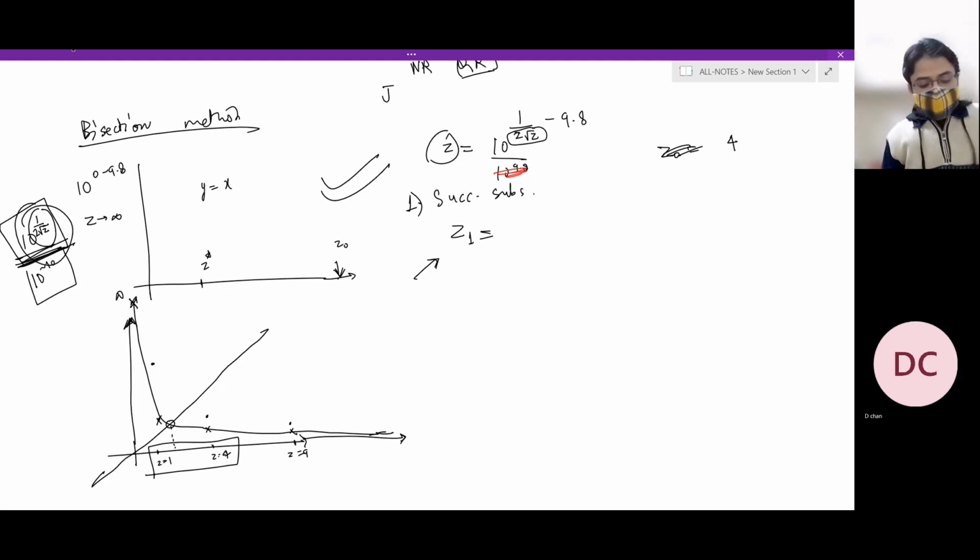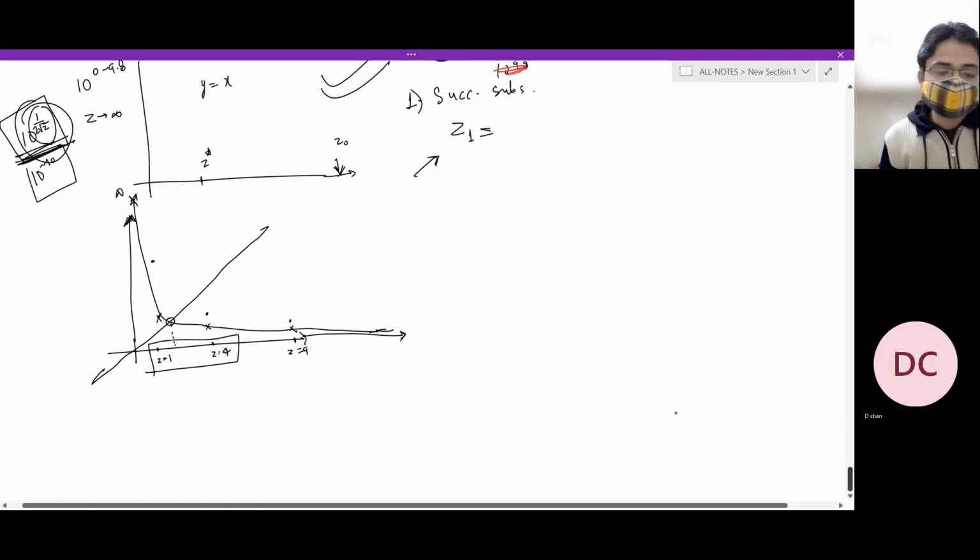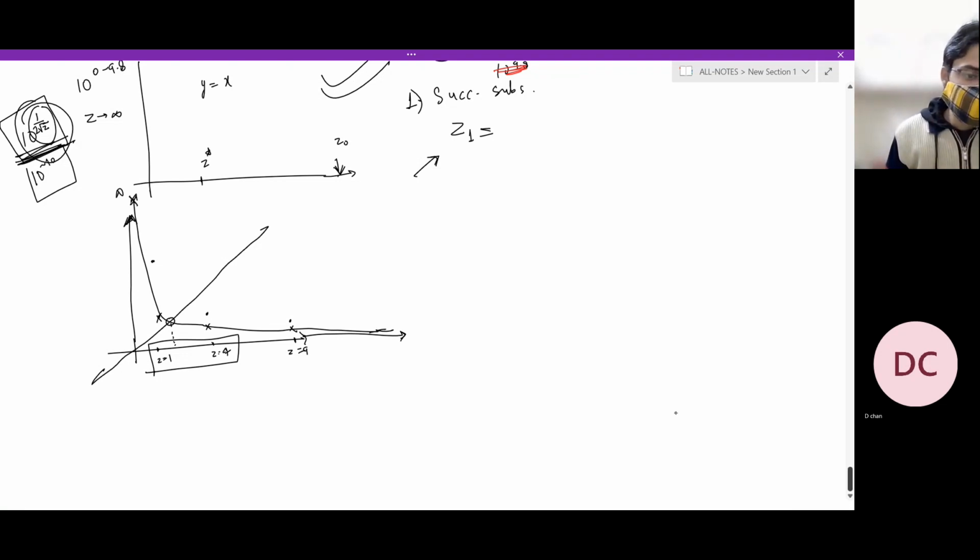Now, if you want an even better initial guess, suppose we are really comprehensive scientists and we don't want any error or wastage, then what you could do is gauge out the relative values of these two graphs, y equals x and y equals 10 to the power 1 over root z, at two points.